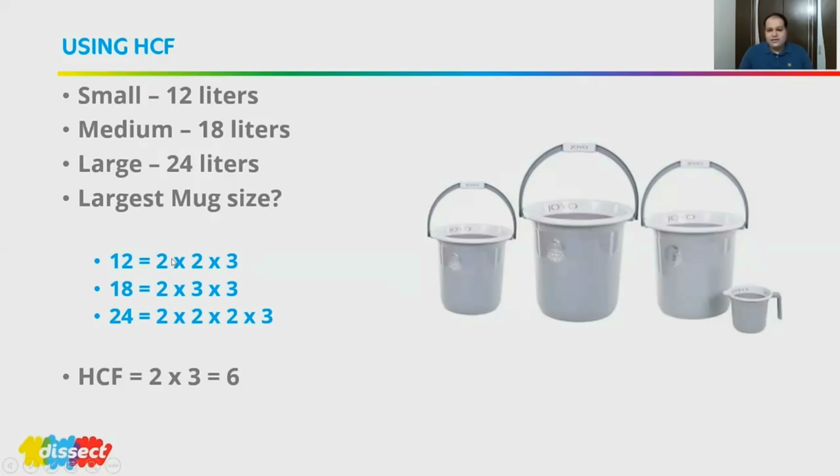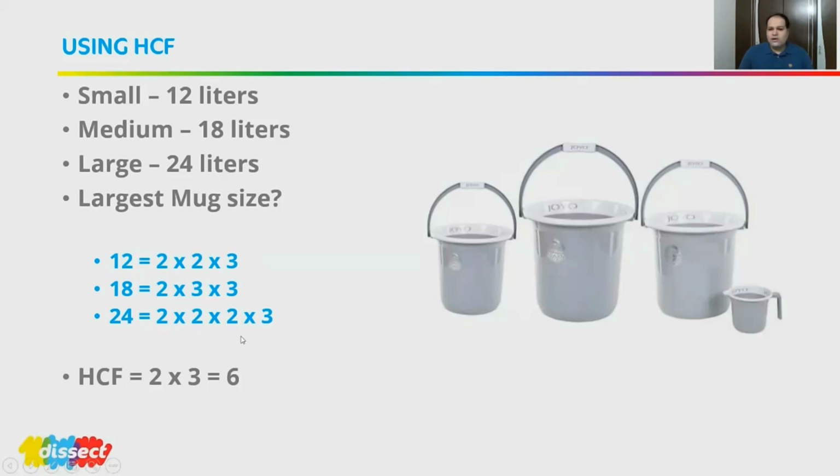So now let us see which are the common factors. We have 2's here, which are common. So I've put 2 here. And then here we have a 2 and a 3, but here we have only 3's. And we have here 2 2's and 1 3. So these 2's, they are not common any more. Only the first 2 is a common factor.